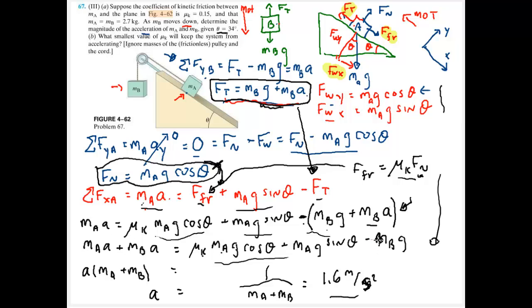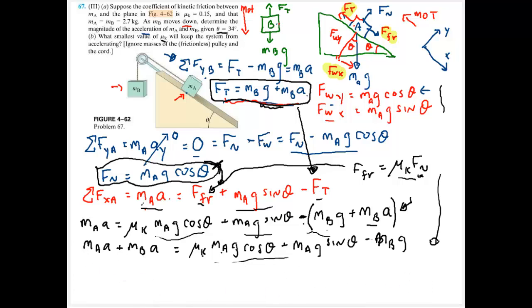Now it asks you, what is the smallest value of mu sub k that will keep the system from accelerating. Now that is actually something that we can work with simply by backing up by two steps and saying, here we have an expression for the acceleration of the system in terms of all these other parameters, and it's asking me for what value of mu sub k will make my acceleration equal to 0.